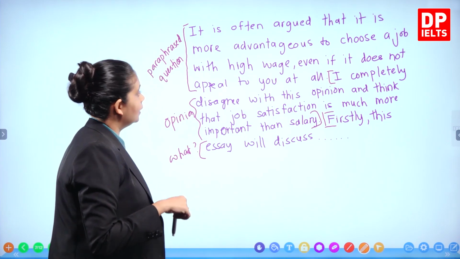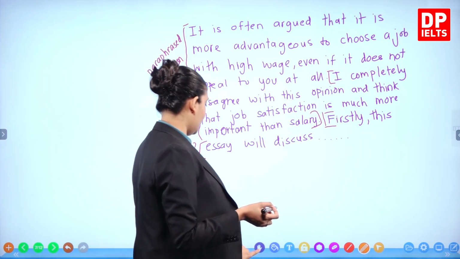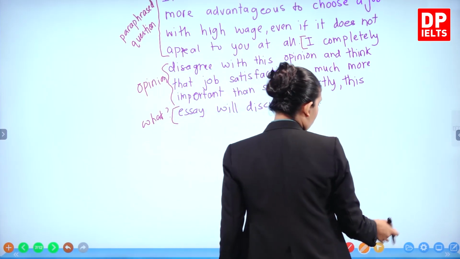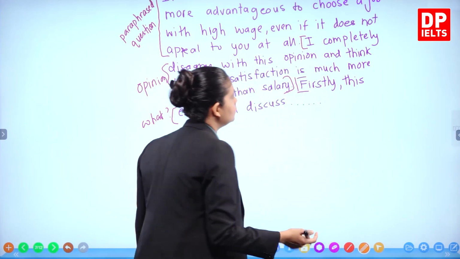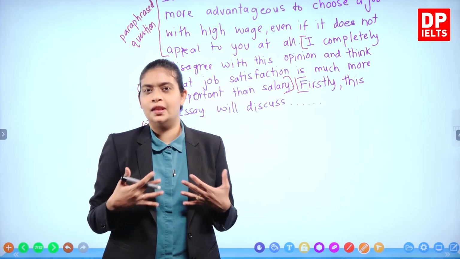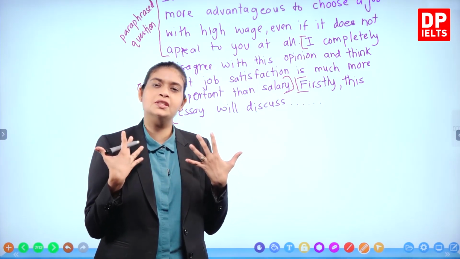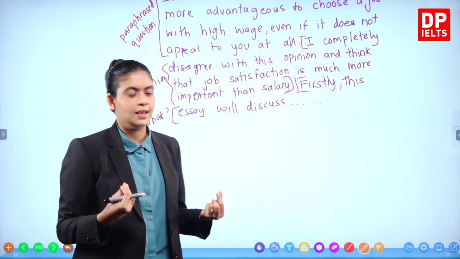Then we start off with our first body para. So what is our first body para going to focus on? It's going to focus on the fulfillment, the feeling that everything's been achieved, that feeling that money cannot buy everything.